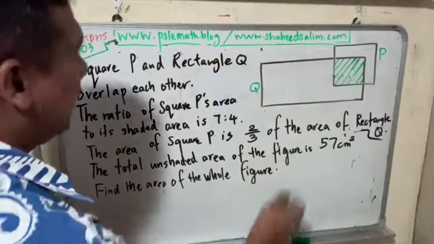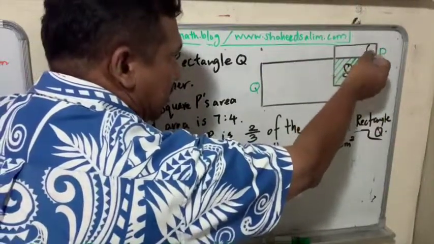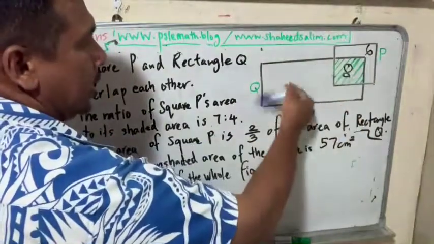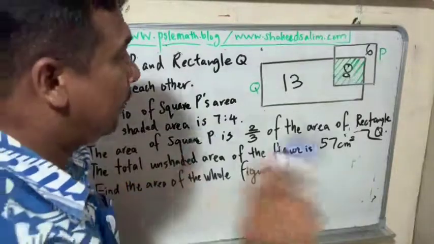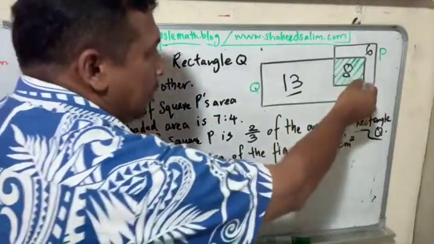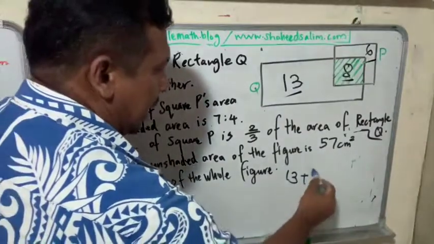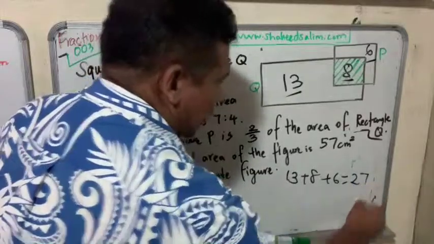We agree that this is 8. Earlier on it was 3, then we times 2, it became 6. This total part is 21, and this is 13. So the total number of units for the whole figure is 13 plus 8 plus 6. 13 plus 8 is 21, plus 6 is 27 units.